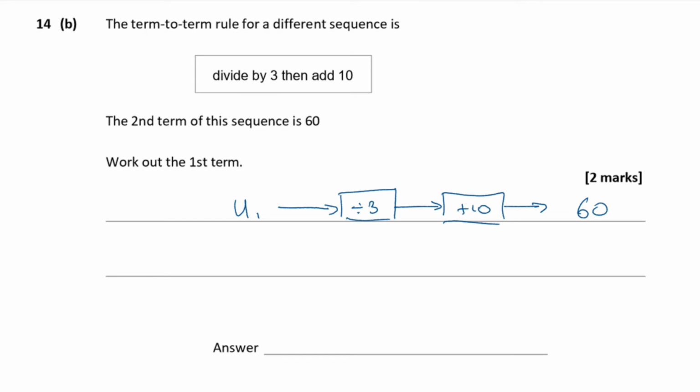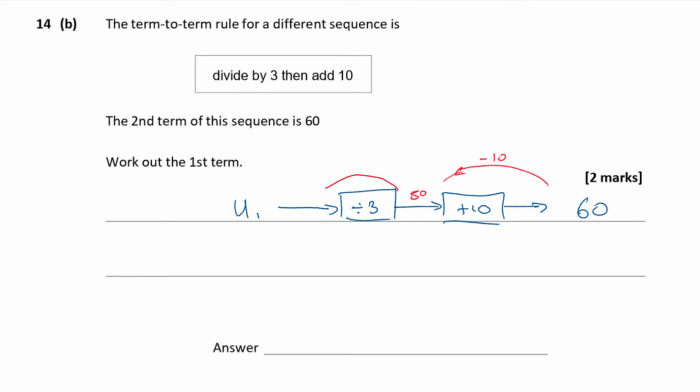I got the answer 60 by dividing by 3 and then adding 10. So if I work backwards and subtract 10 from 60, that means 50 must have come out of the first box, been fed into the second box, 10 was added to it, and I got 60. Going backwards, the opposite of adding 10 is taking 10 away.